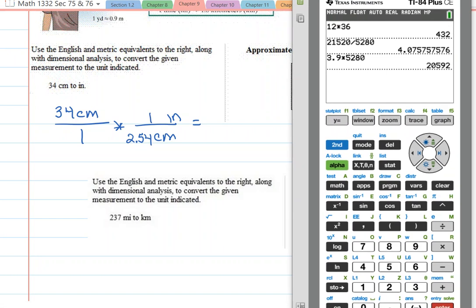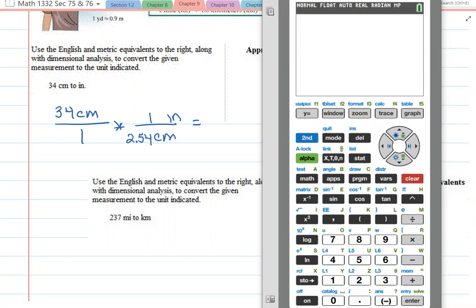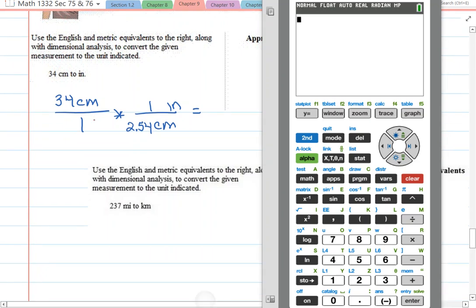So now I'll bring my calculator over here and I will enter. Now first off, we always make sure that our centimeters cancel and I get inches, the unit that I need. So this means that I'm going to end up with 34 over 2 and 54 hundredths inches. And now I'll do some math.